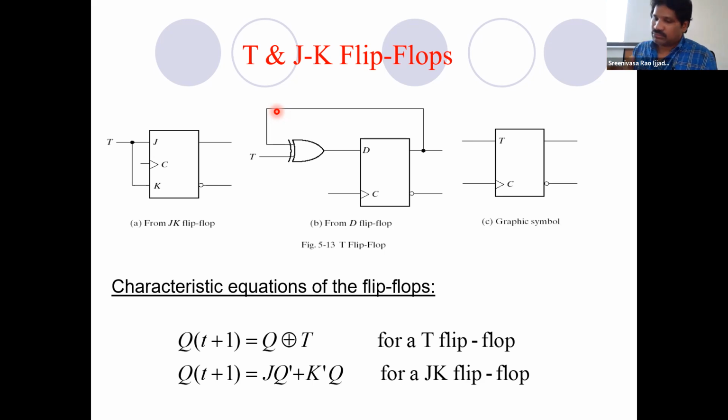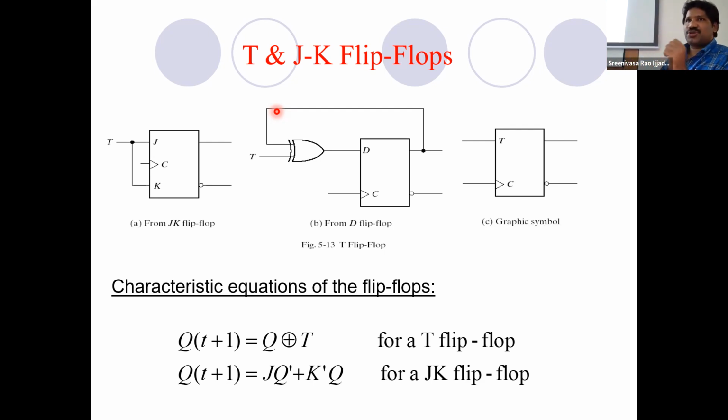For one time, earlier it's 0, it becomes 1. Next, it becomes 0 again. Within one clock duration, because the clock width is more than the flop delay, the outputs toggle more than once.